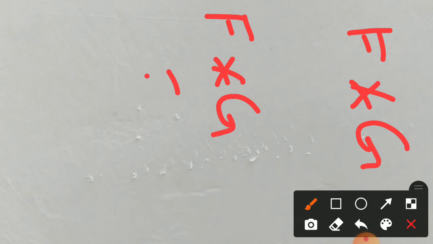It means if we change the order of these two functions, then the result remains the same. There will be no change in the result if we change the order of f and g. It means f star g is equal to g star f.